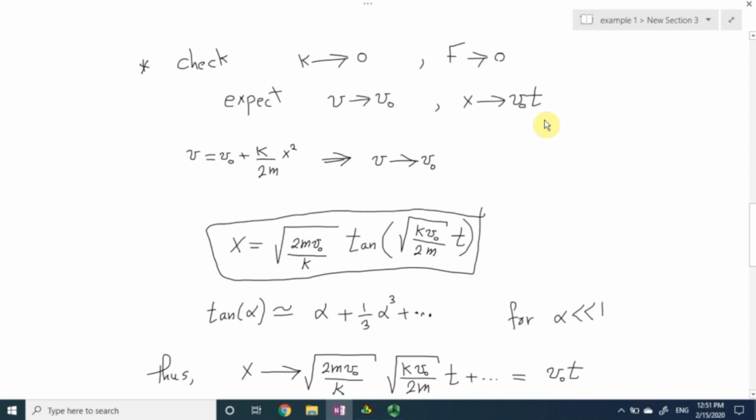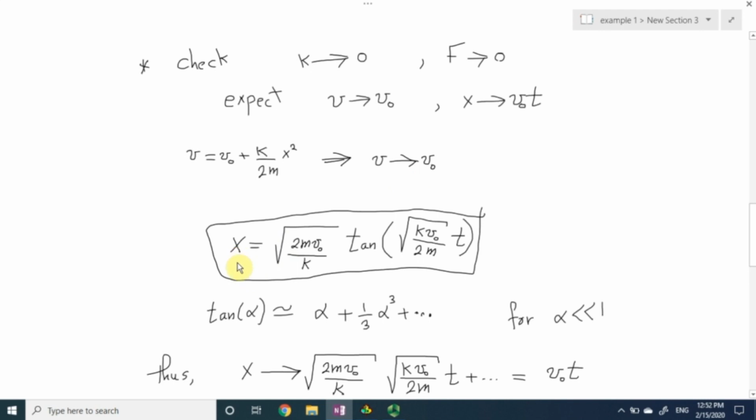Now let's check mathematics. We start with the velocity dependence on x that we found earlier. So if k goes to 0, then you can easily check that this term, the second term, goes to 0, and v is approaching v naught, as we expect.